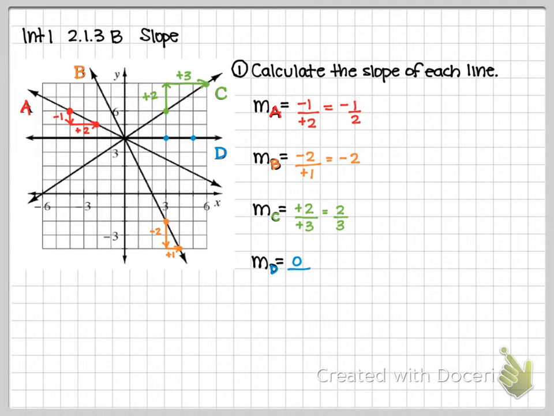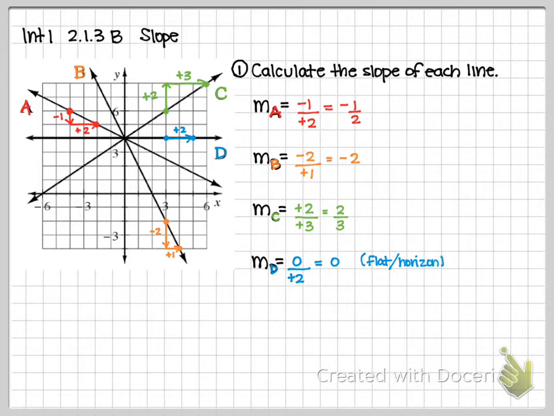I do go 2 points to the right though. But remember, the right-left part goes on the bottom. Now, if we have 0 in the top of a fraction, we know that that answer is going to be 0. Remember too, this was one of those special cases that we talked about yesterday. This is that flat or horizontal line.